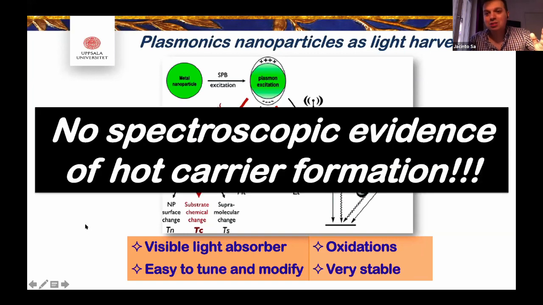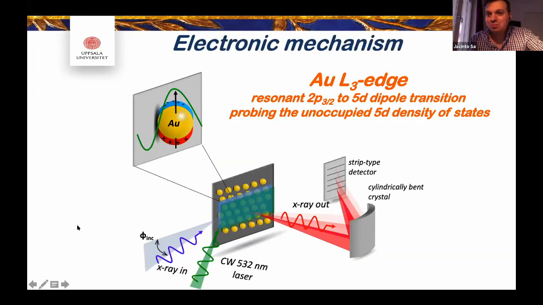So the first thing was we needed to prove that you actually have an electron and a hole generated at some point in time. And we went back to our preferred technique at the time, which of course was X-ray absorption. At the time, we were not even yet making RIXS maps to see changes in the electronic states. If you think about high resolution XAS, and in this case you really need to do high resolution XAS, or HERFD if you want to call it, because your gold X-ray absorption on the 5d is very, very low because you have almost no empty states.